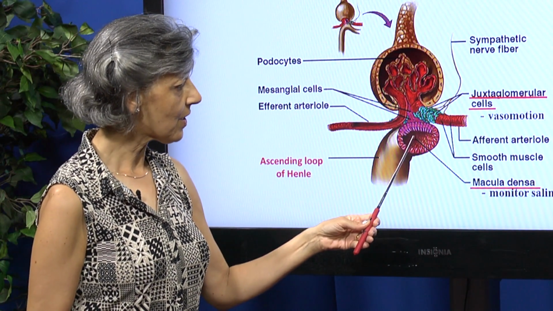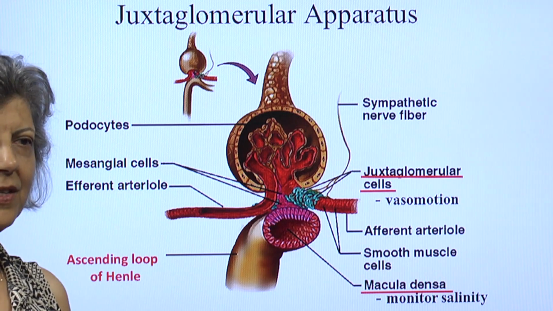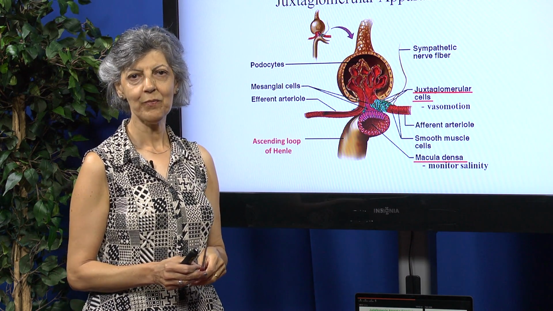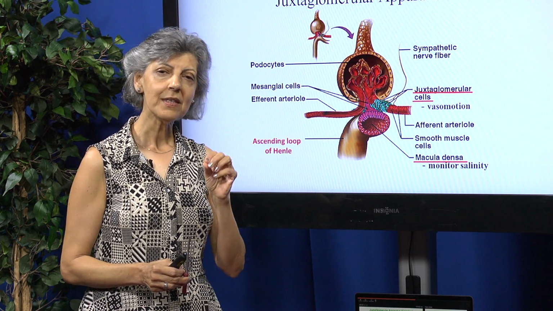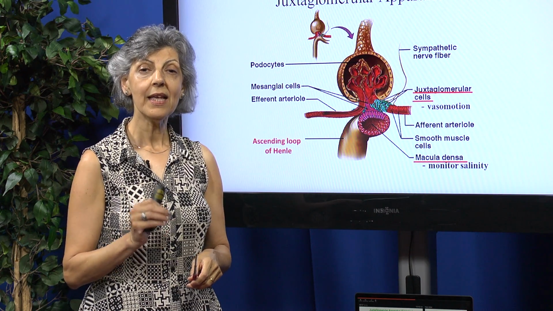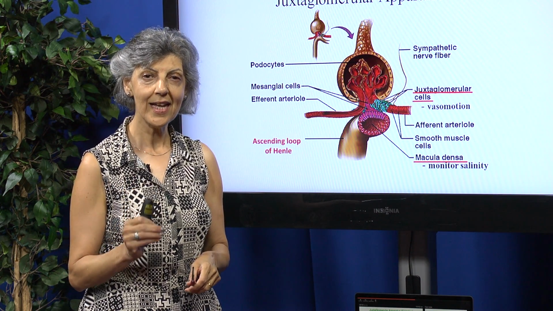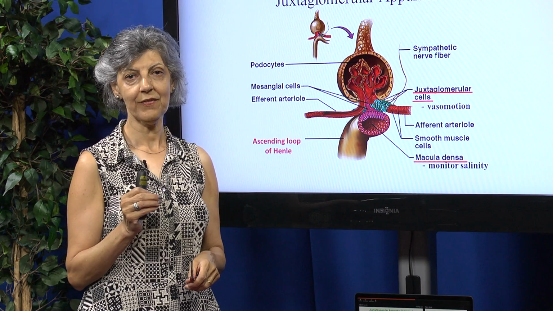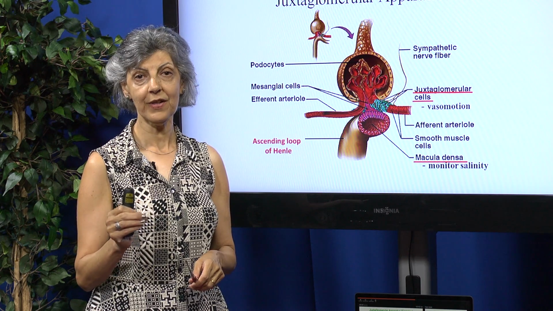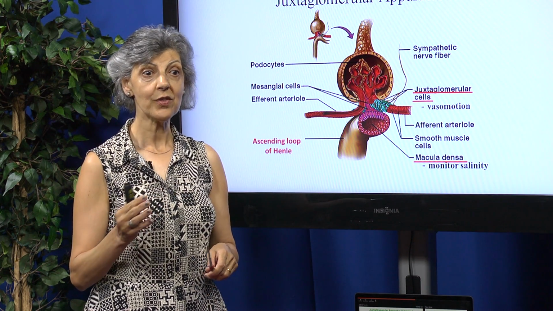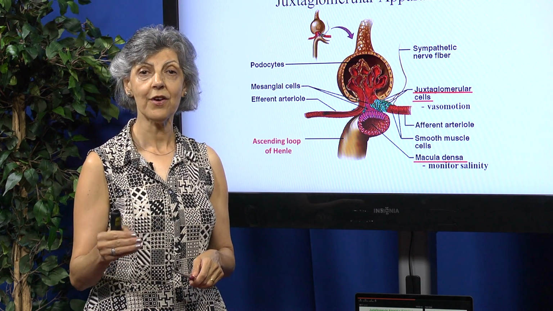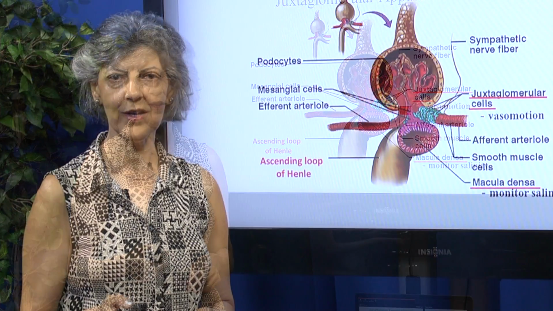These cells are checking the filtrate that is coming up into the tubules. Specifically, they are chemoreceptors for sodium chloride. They are checking the concentration of sodium chloride in the filtrate, and according to this concentration, if it increases or decreases, they have a function to do, which we'll learn in a minute.